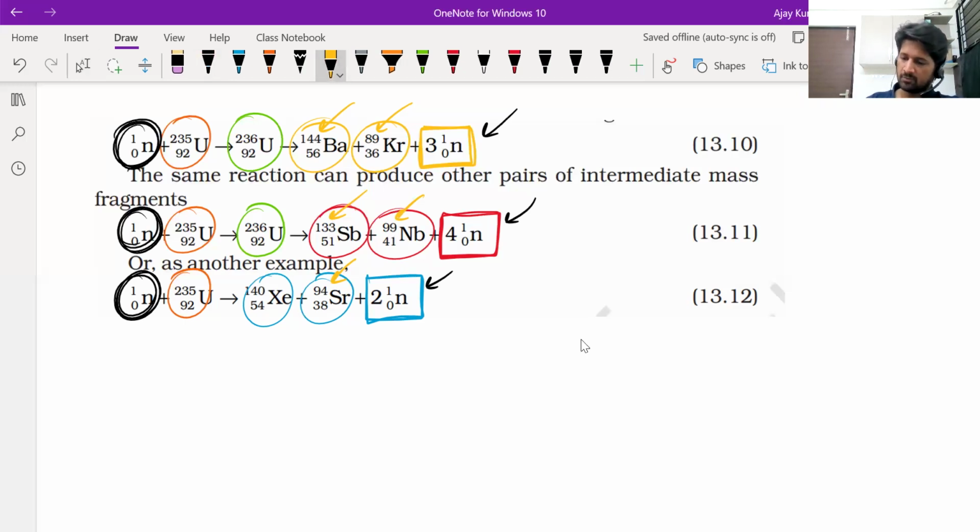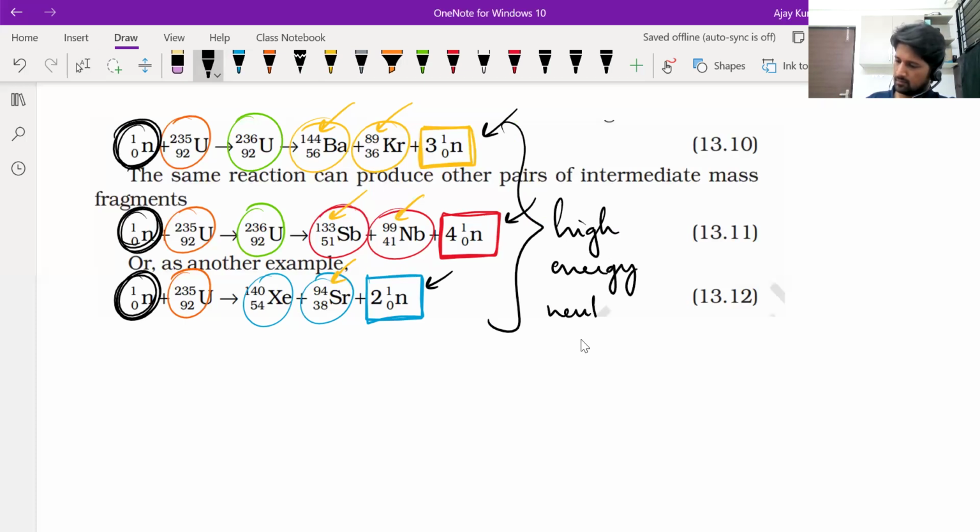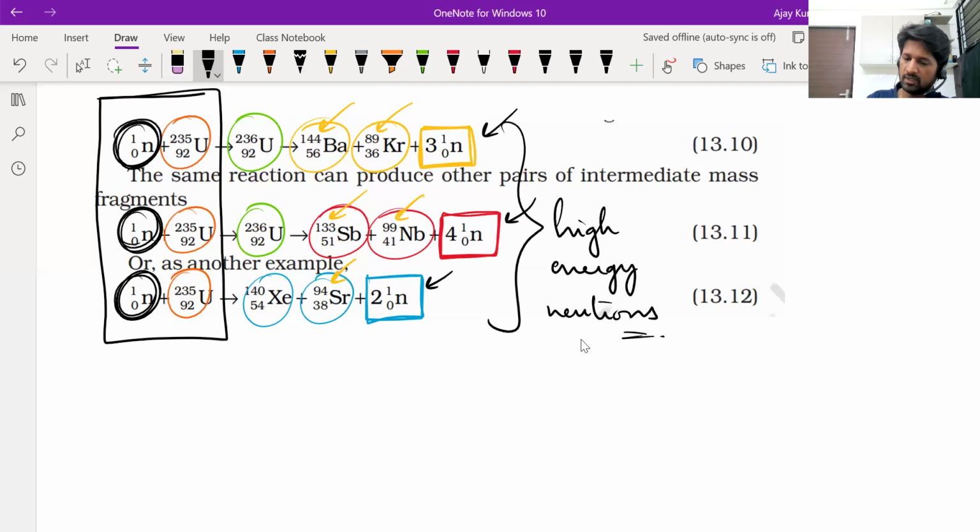These new neutrons that are produced are high energy neutrons. High energy neutrons cannot be part of this reaction. They won't be absorbed by uranium 235. Only low energy neutrons, meaning slow moving neutrons, can be absorbed by uranium 235. So this chain reaction cannot go on unless you slow down the neutrons which are formed in the reaction.